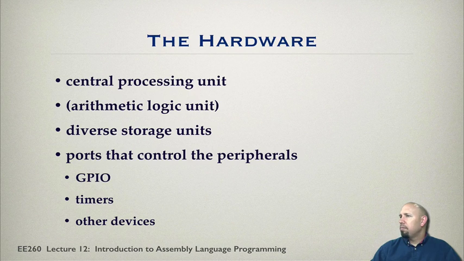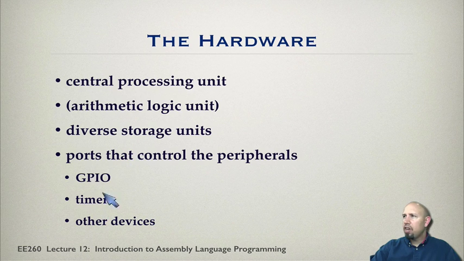Now, the hardware. It's important for us to understand the hardware in working with the assembler. So in the hardware, we have the central processing unit, which may contain an arithmetic logic unit. There are also a diverse number of storage units: registers, EEPROM, flash memory, and so forth. And then there are ports that control the peripherals, the GPIO, the timers, the other devices.